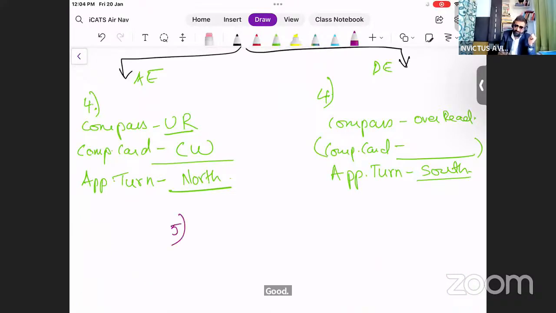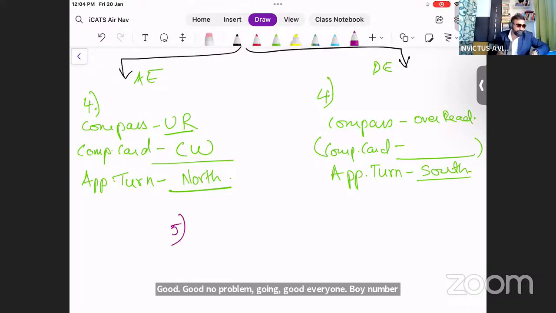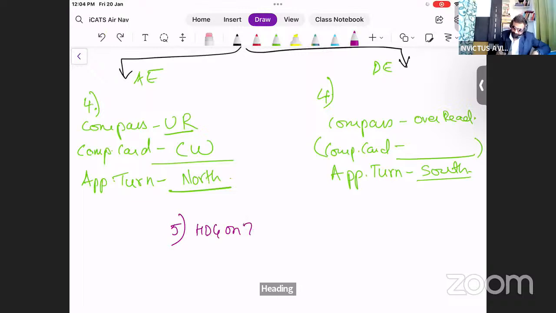Point number 5, you will write with respect to heading. Heading 270 degrees magnetic in southern hemisphere.